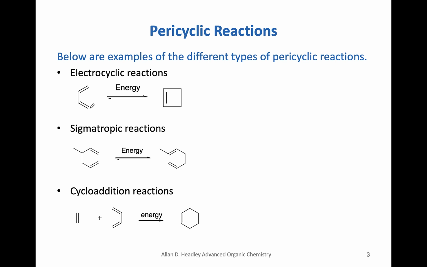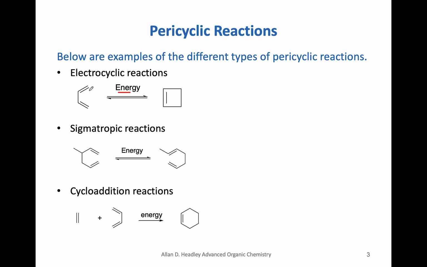An example of the electrocyclic reaction is shown here. So we have a double bond, a pi bond here, and notice in the presence of energy, that could be heat or light, and we'll see which one is needed here, gives us this cyclobutane.